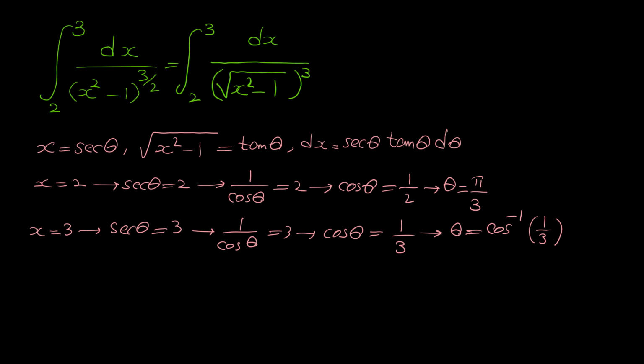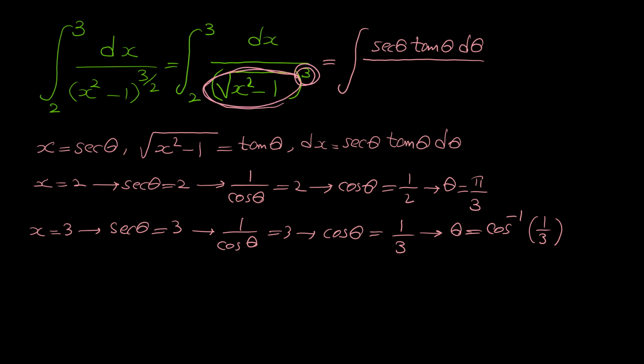So let's substitute everything in terms of theta. dx is secant theta, tangent theta, d theta. In the denominator we have the radical, which is tangent to the 3. All of this is tangent to the 3. So we have tangent to the power of 3.